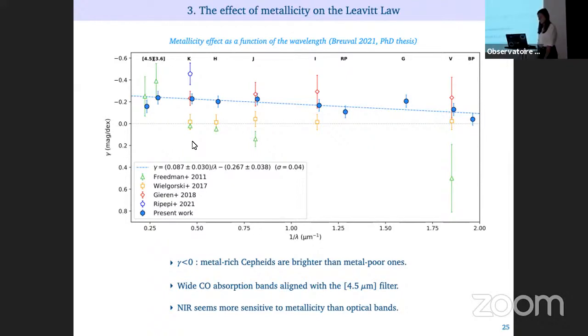Yes, if we take a spectrum of a region of a galaxy, it includes the dust, other stars of different types, and the Cepheids. So we have to know if the Cepheids are the same as other stars, and if the metallicity that we measure from these spectra represents the metallicity of the Cepheid that we are observing.